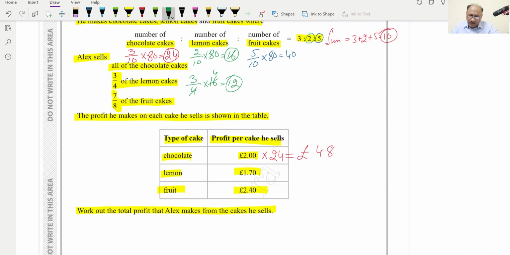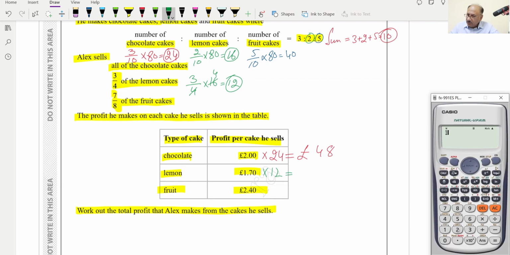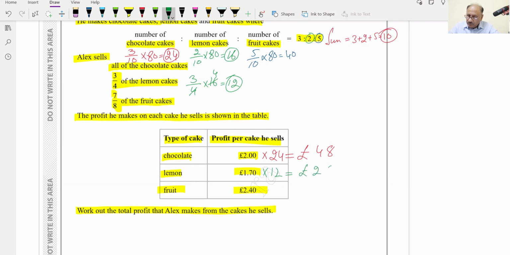So 12 lemon cakes are sold, so multiply by 12, and this will be equal to 12 multiplied by 1.70, and this is equal to 20.4. So 20.4 pounds are earned as profit.